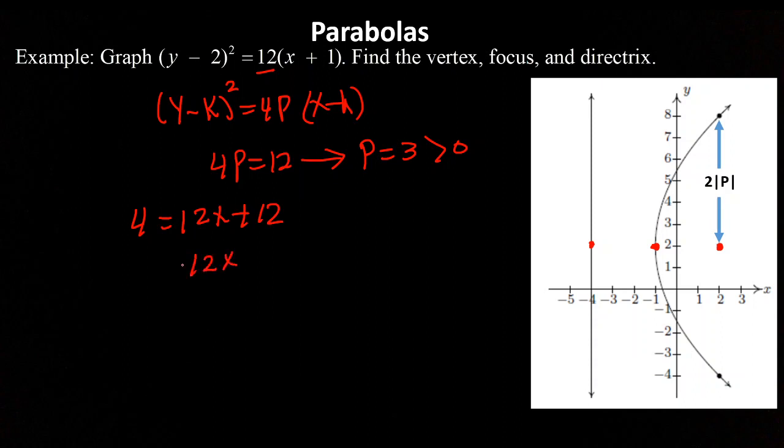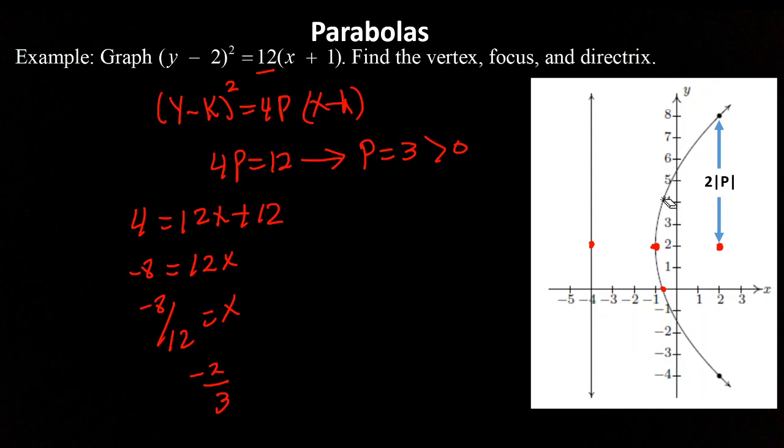So 12x equals -8, right? x equals -8 over 12, which is -2 over 3, which is right there. So that's the x-intercept right there.